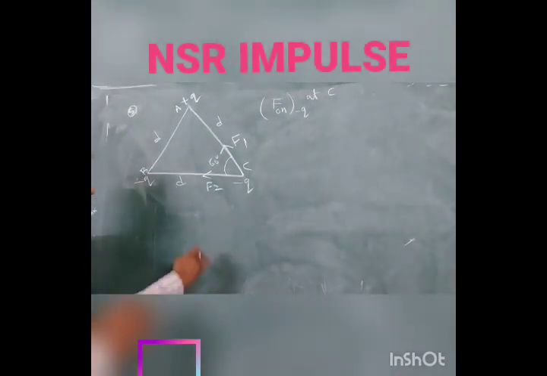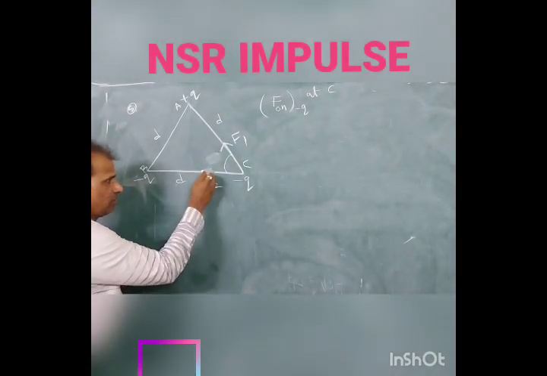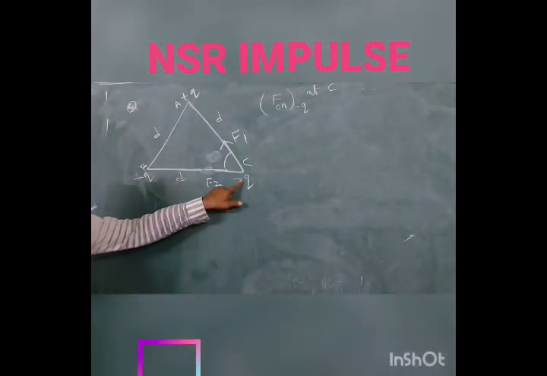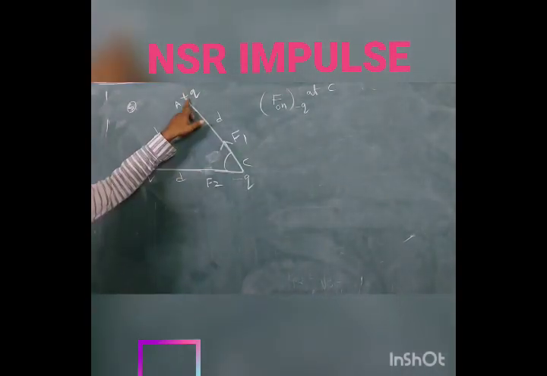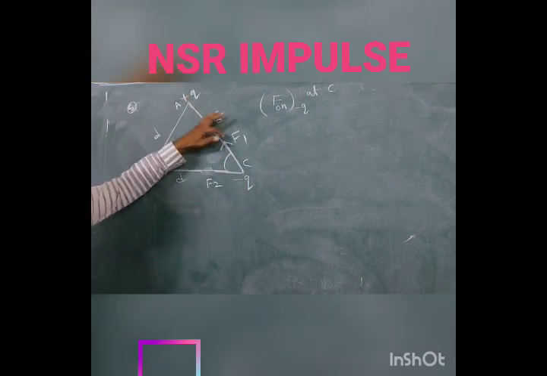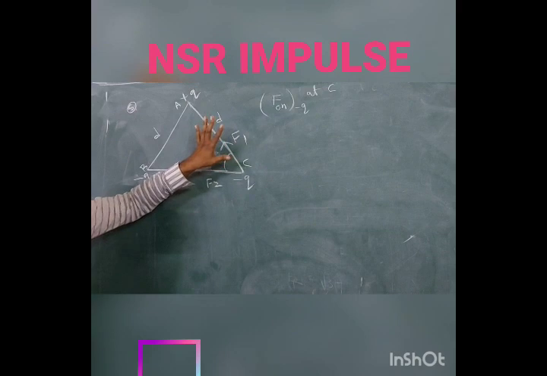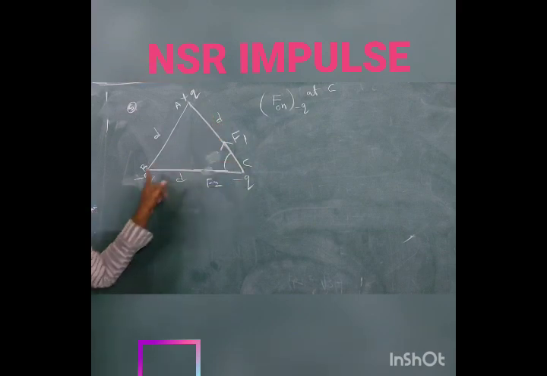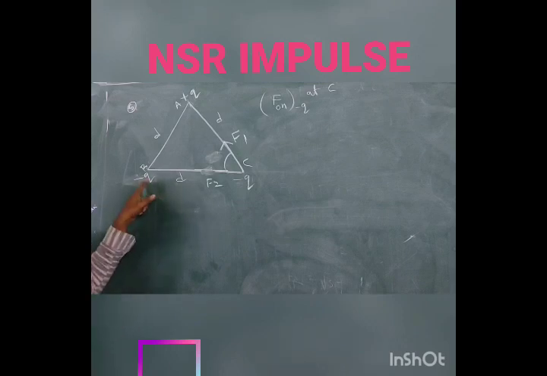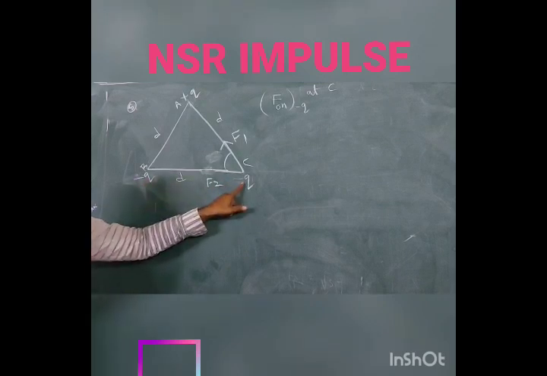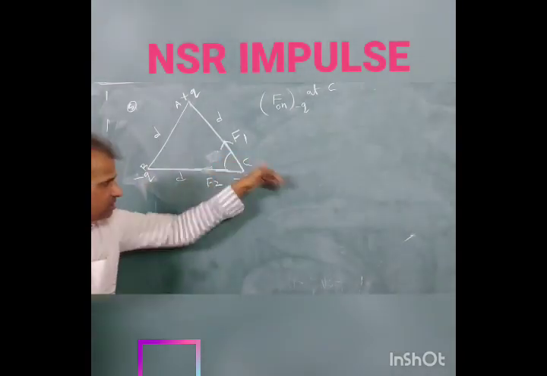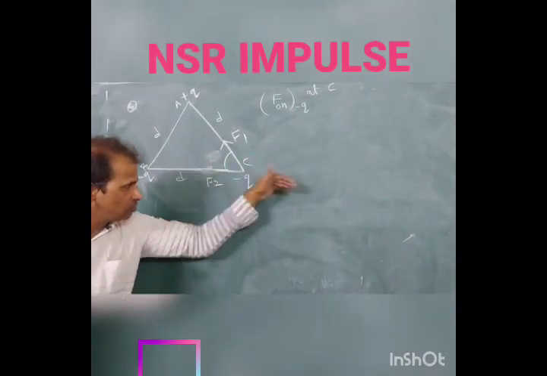How can we find it? See what changes happen here. This is a negative charge and this is positive. Between these two, attraction again exists, so this force doesn't change at all. Between this and this, the force direction changes. How? This is negative, this is negative. So this will be repelled in this direction, because it will be thrown outside.